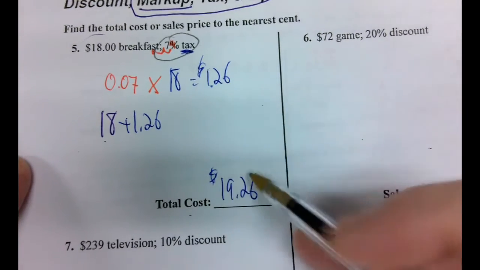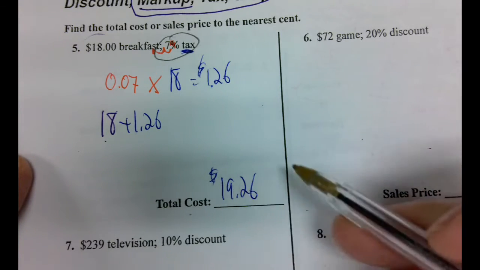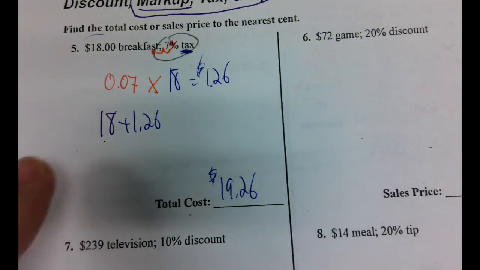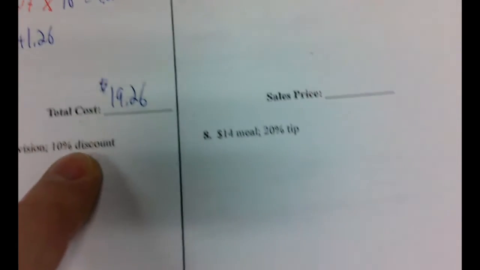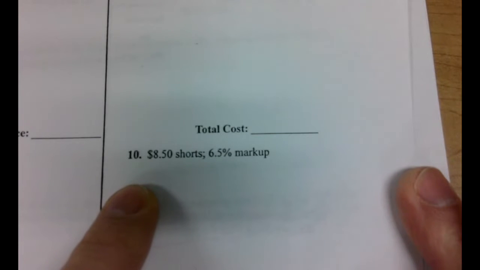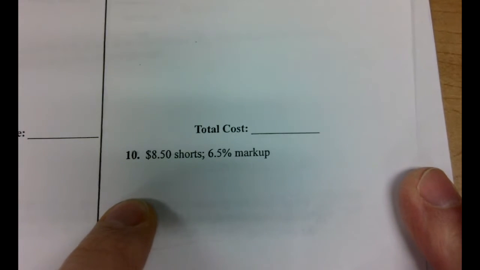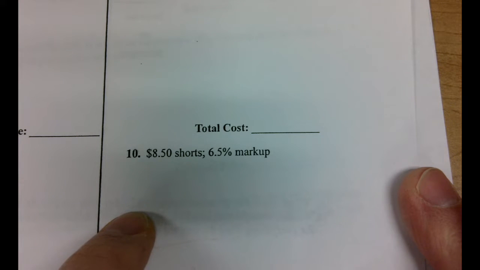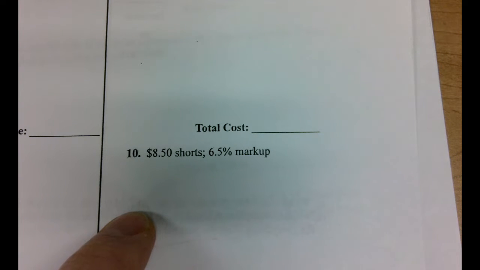Again, let's jump down to the bottom. Number 10. $8.50 shirt, 6.5% markup. What do we have happening? Tax, tip, discount, or markup? We have a markup. 6.5% of what? 6.5% of $8.50.